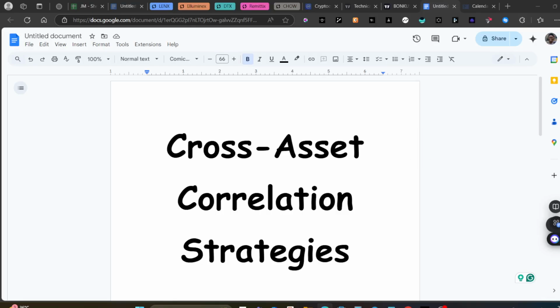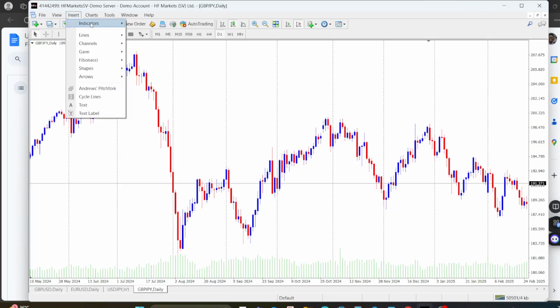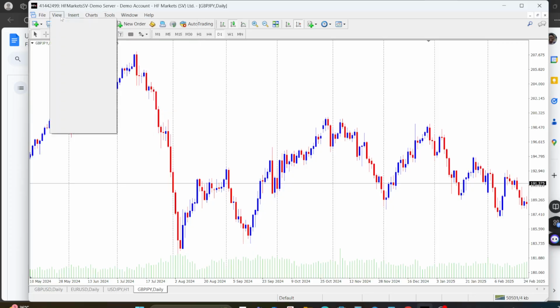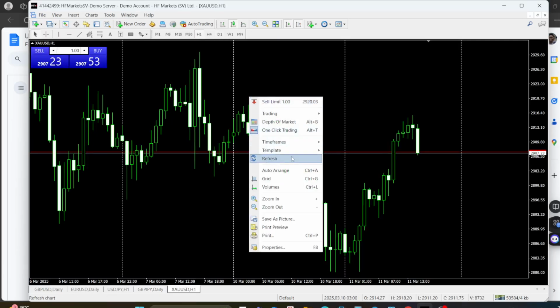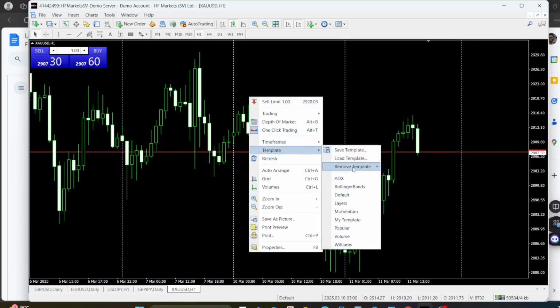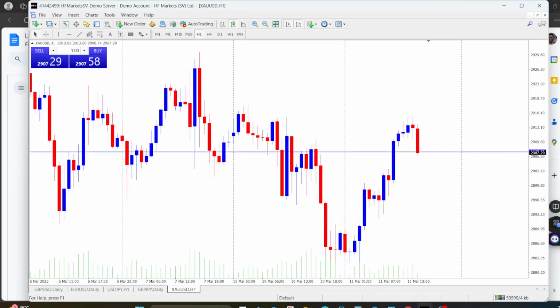So now let's quickly look at some of the most commonly observed market correlations. The first we're going to be looking at is the US dollar and gold. Typically, these have an inverse correlation. All right.